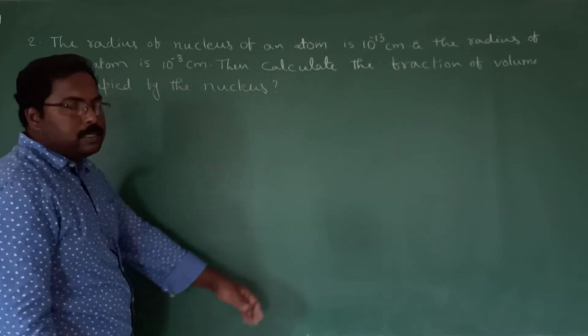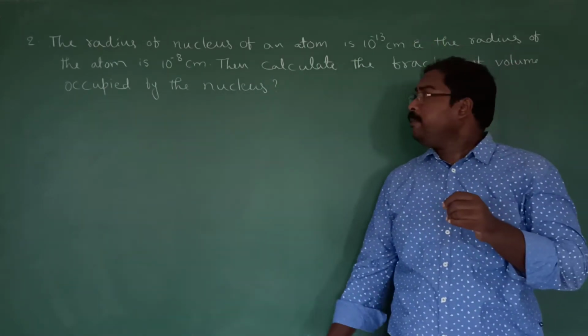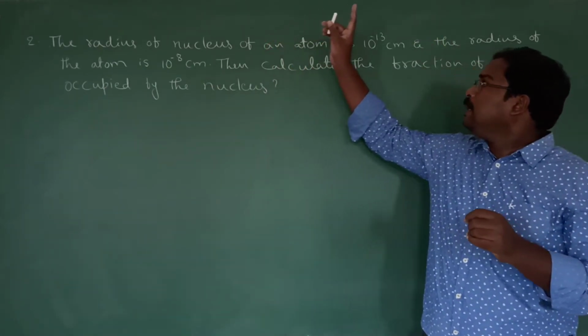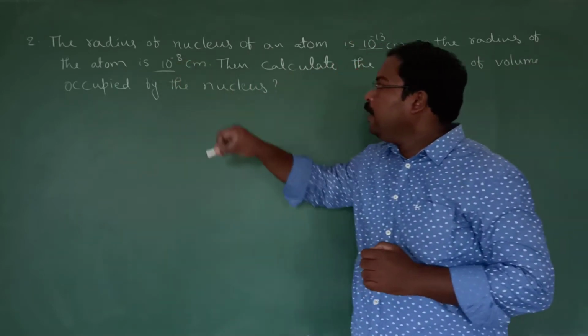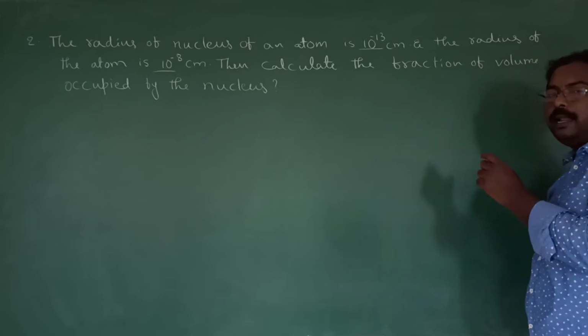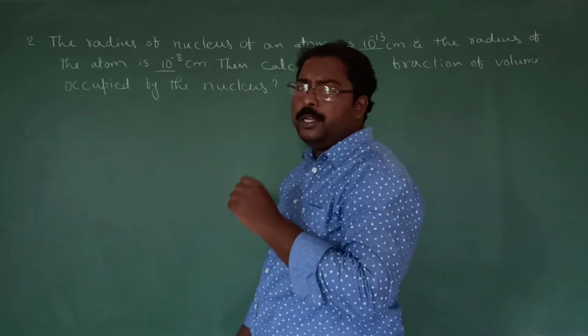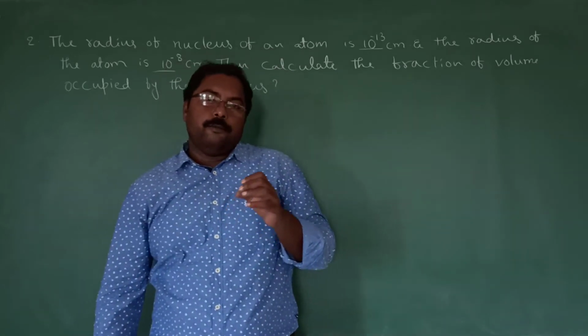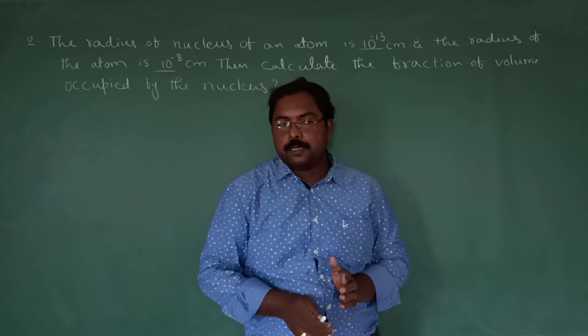Okay, so if you observe the question, they have given the radius of the atom as well as the radius of the nucleus. Both the values are given. Now they are asking to calculate the fraction of volume occupied by the nucleus. We have done many numericals previously.